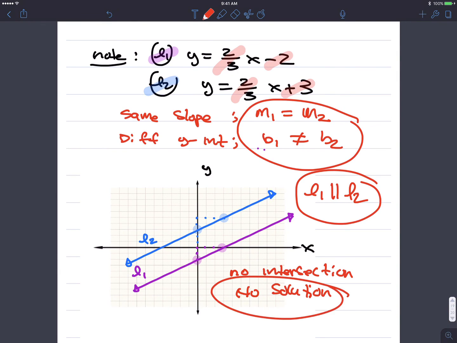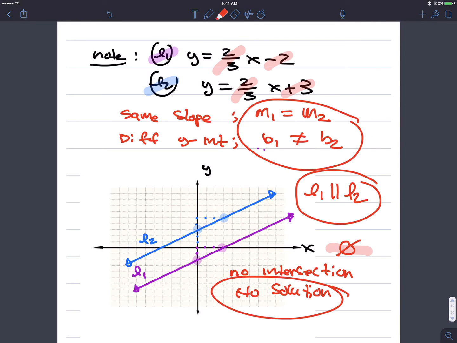A solution being a point of intersection. Since the lines are parallel and they never cross, there's no point of intersection. Therefore, there's no solution. In some texts you'll see this set notation symbol to describe no solution, meaning there is no point of intersection.